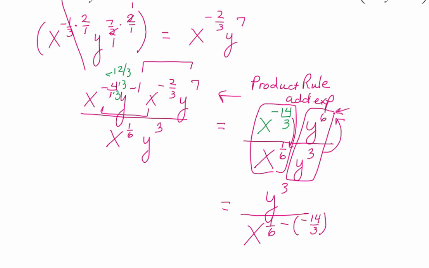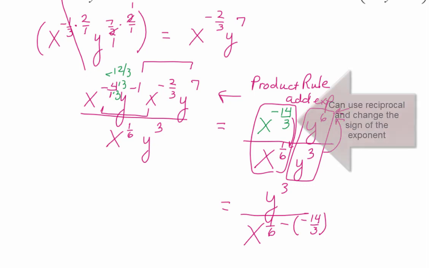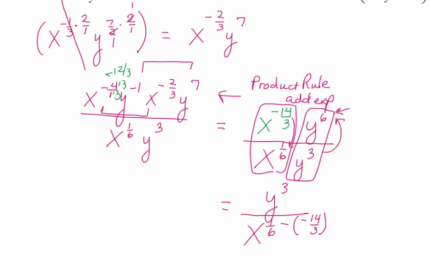The other way to think about this is that when you bring this term, the green term here, down to the denominator, your exponents will be positive because it's a reciprocal, right? So either way, you're going to get this. You got to do this addition here.